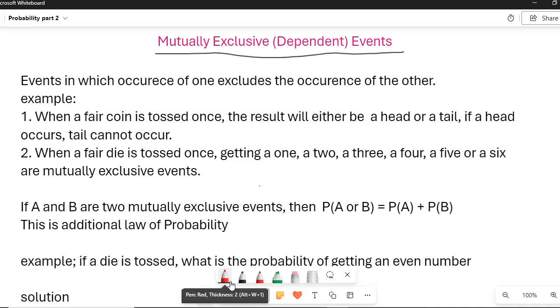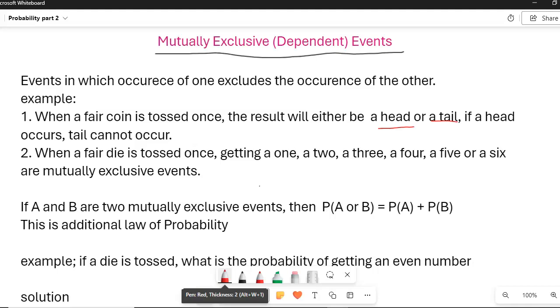We can give an example, like when we have a fair coin being tossed once. The result will either be a head or a tail. So if a head occurs, then we are very sure that a tail cannot occur at the same time. It is either a head or a tail.